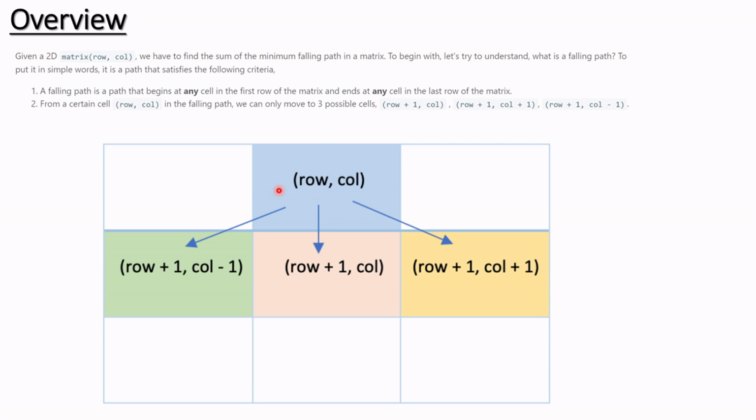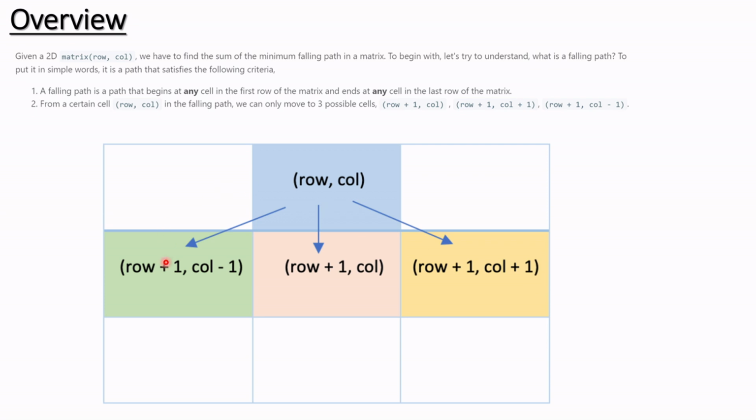If it starts from the first row, like any cell, this one or this one, what will happen? If we consider this row and column, and we go to the last row, he can go to row plus 1 column minus 1, row plus 1 column, or row plus 1 column plus 1, right? So it is saying that we can move only to 3 possible cells.